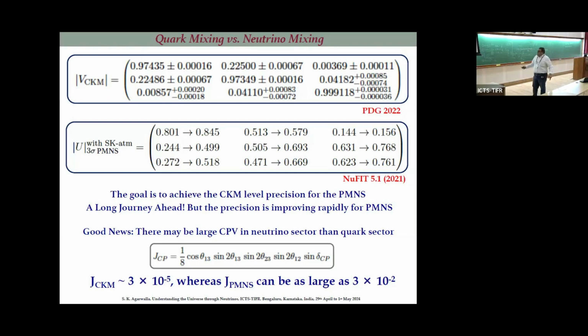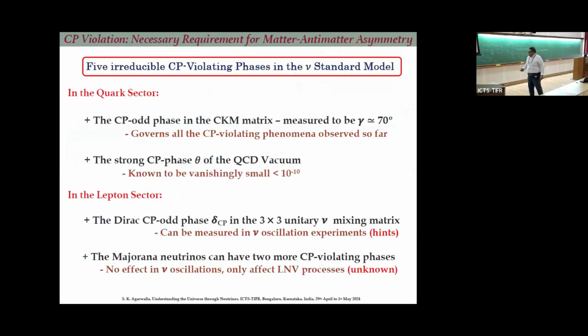But the good thing is, our mixings are large. So if you calculate the J_CP, this turns out to be around 10 to the power minus 2 for PMNS, but for CKM it is 10 to the power minus 5. So J_CP is 3 orders of magnitude higher for PMNS. So you have more chances to see CP odd asymmetries in neutrino oscillation.